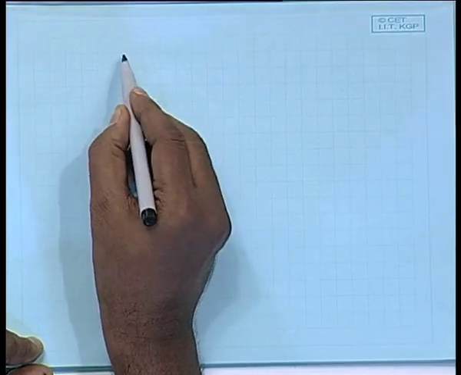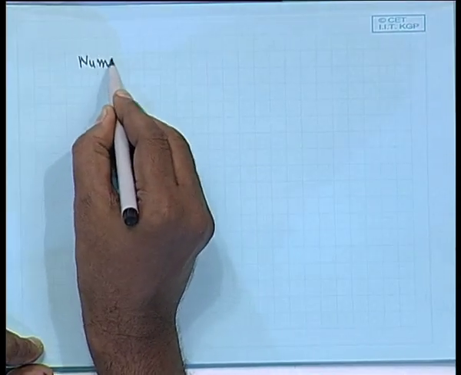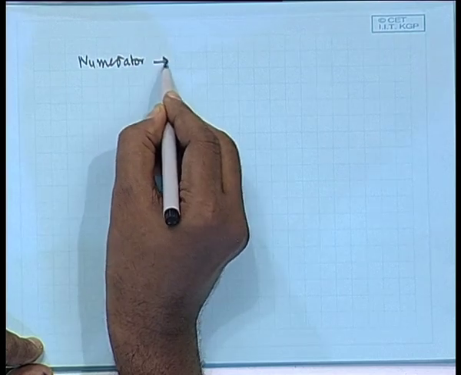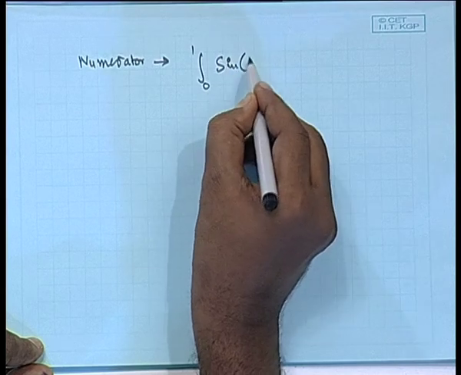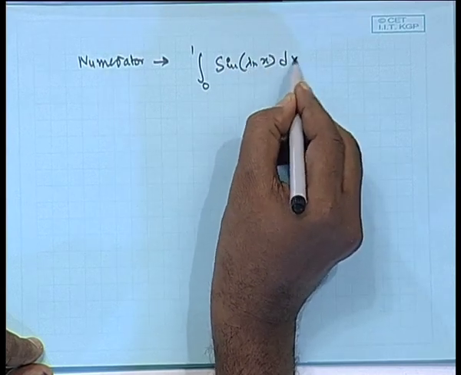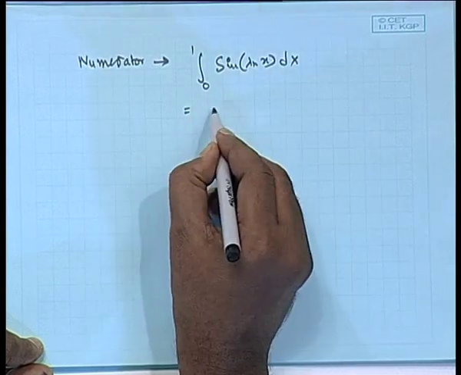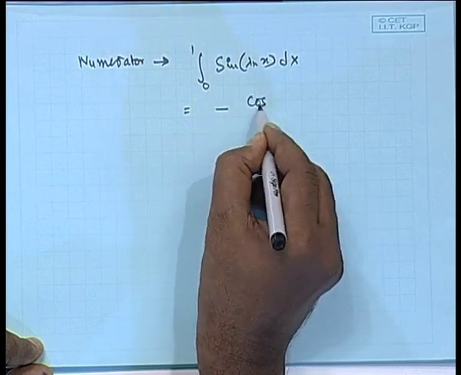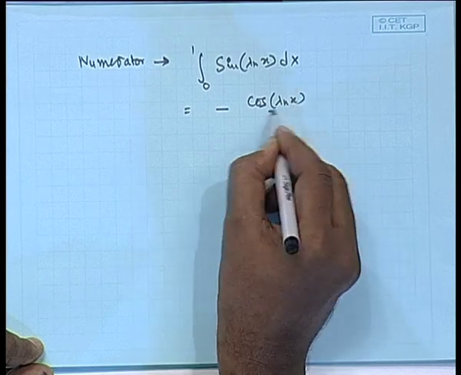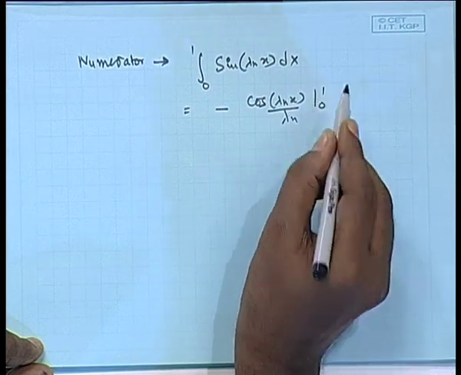Now if you evaluate the numerator, integral 0 to 1 sine lambda n x dx, and it will be minus cosine lambda n x by lambda n, 0 to 1.